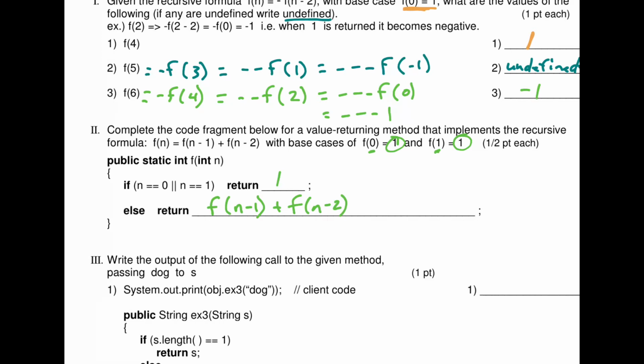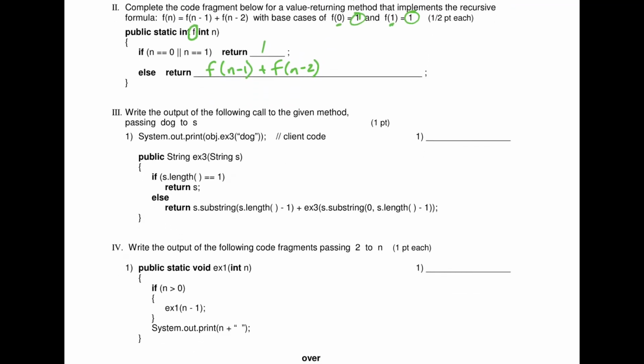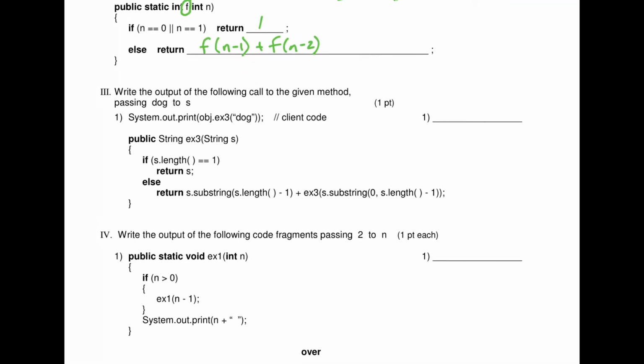Notice that this method is called f. So that's why we would use the method name there. So we're basically just calling that method again. All right, next part here, part 3. Write the output to the following call of the given message, passing dog to s.